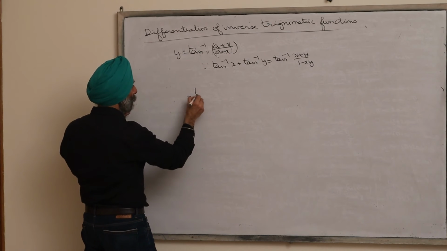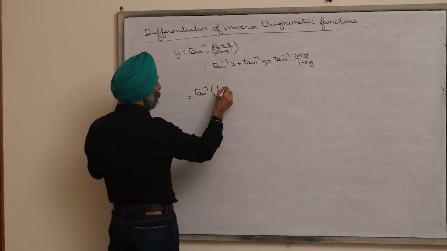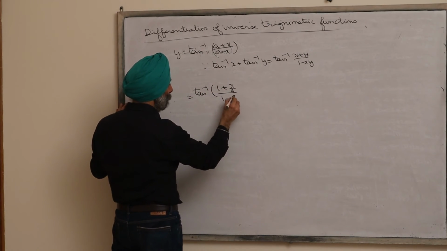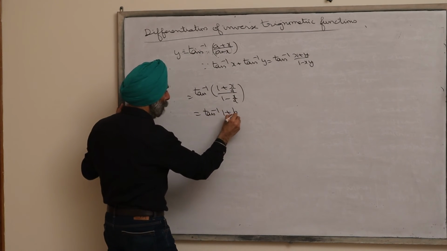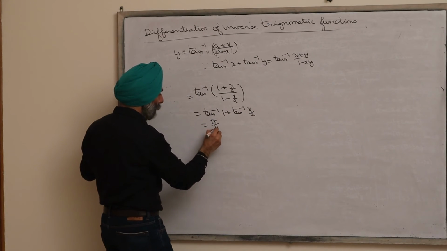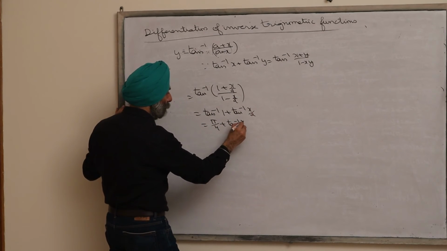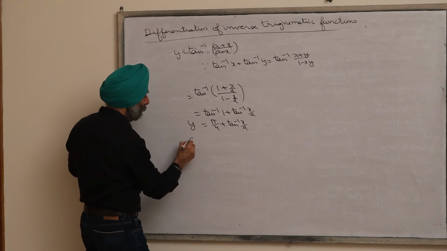So y can be written as tan inverse of (1 plus x over a) over (1 minus x over a). So can this be written as tan inverse of 1 plus tan inverse of x over a? Which is pi by 4 plus tan inverse of x over a. What is that? It is y.